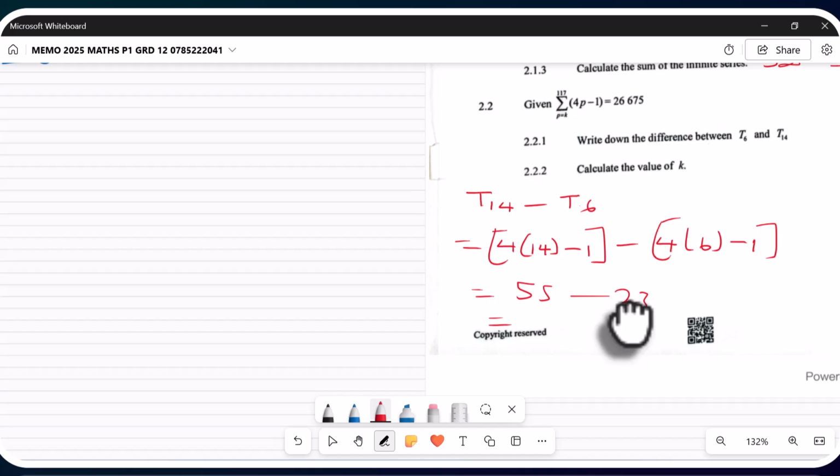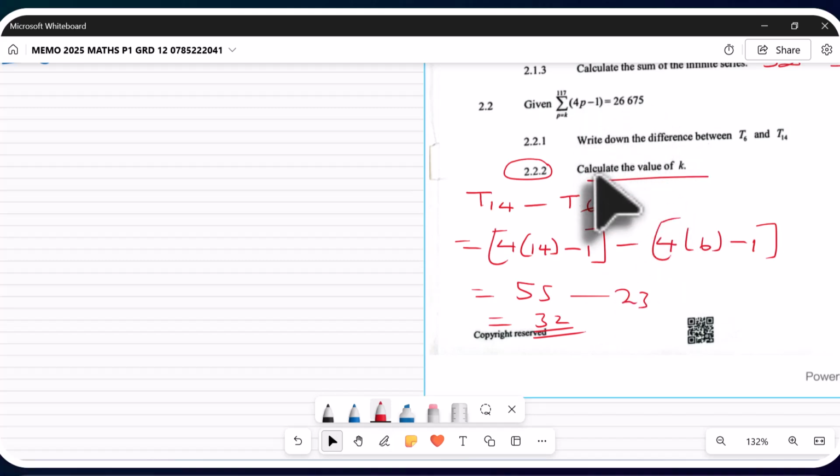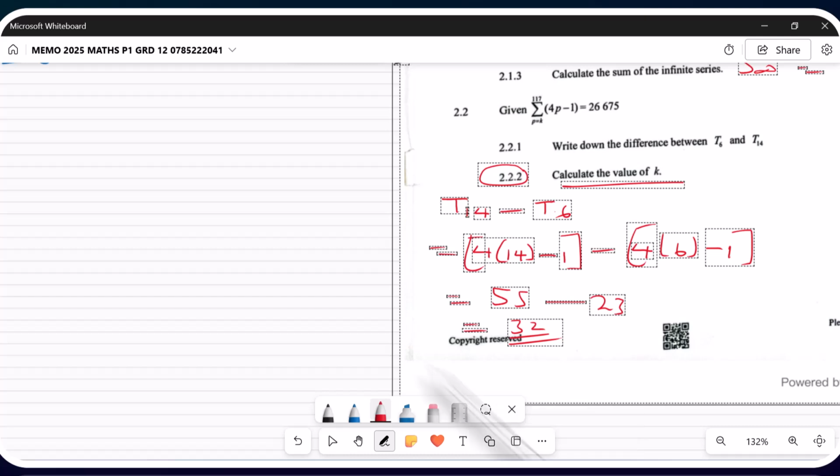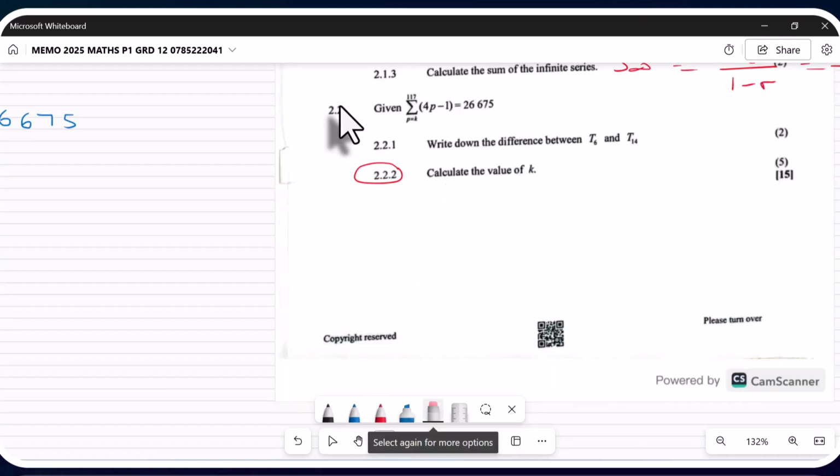So what I have done here is this. I'm going to first get my sum from p equals 1 up to 117. After getting that sum, I'm going to subtract the 26675. Now the remaining sum will be the sum of the numbers from p equals 1 up to k. When I get that k or that n, that would help me to get the k which I want here.